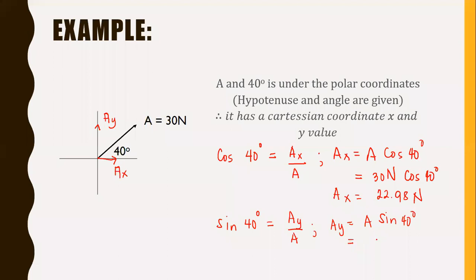Substitute the value of A, which is 30 newtons, times sine 40 degrees. Therefore, your ay is equal to 19.28 newtons. Okay, next.